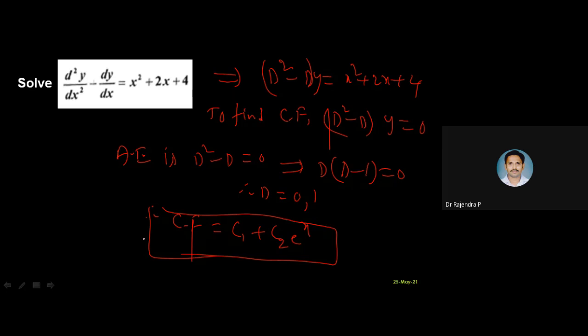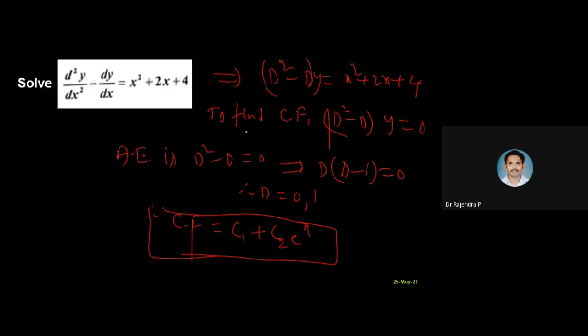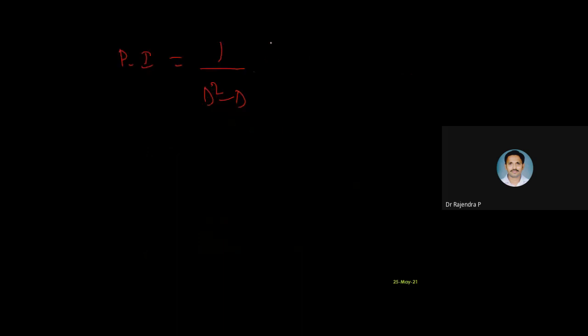Now I'll go for the particular integral. PI is equal to 1 by f of D. What is f of D? D square minus D, acting on our function x square plus 2x plus 4. Immediately, seeing that this is a polynomial function, we have to go to the third case.